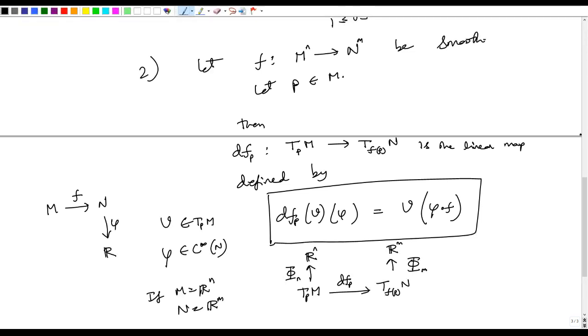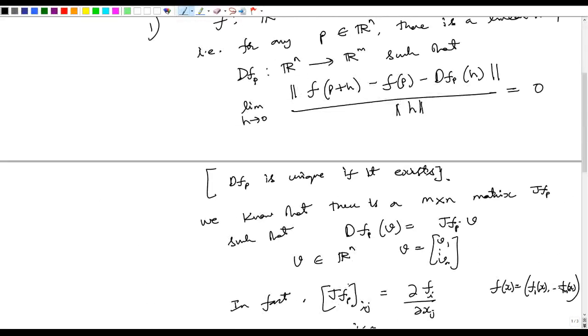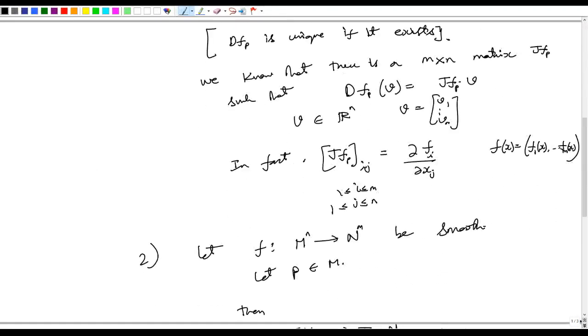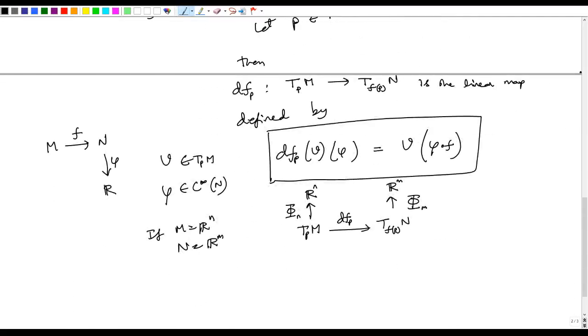If I forget the manifold structure of Rn and just go back to my first definition, the multivariable calculus definition, I can still talk about the derivative. That will be my capital DFP. What I want to say is that if I identify TPM with Rn via this map Pn, and likewise on the right side, then these two maps are the same.